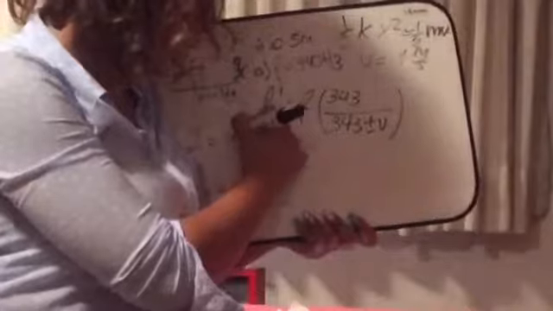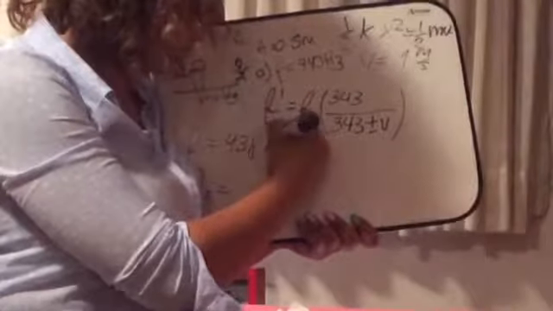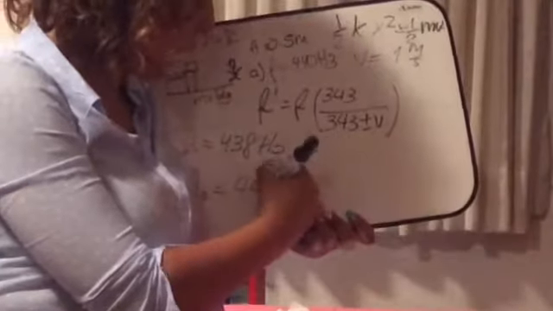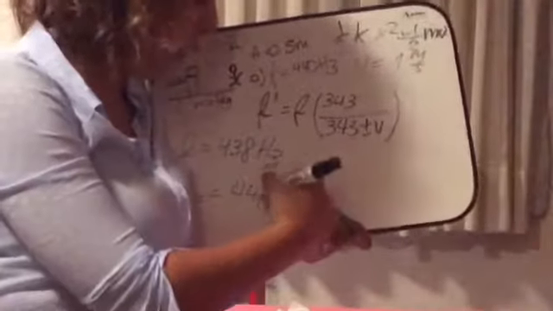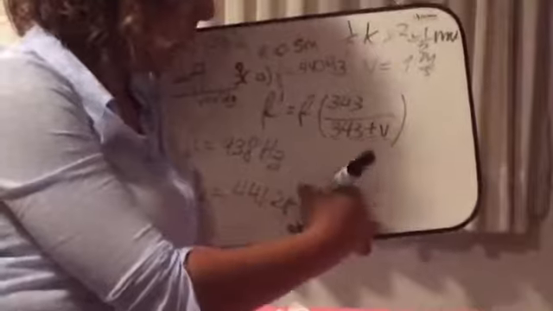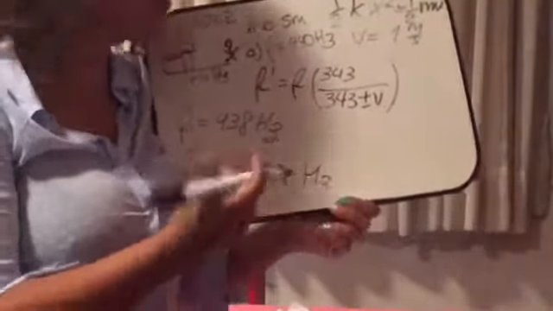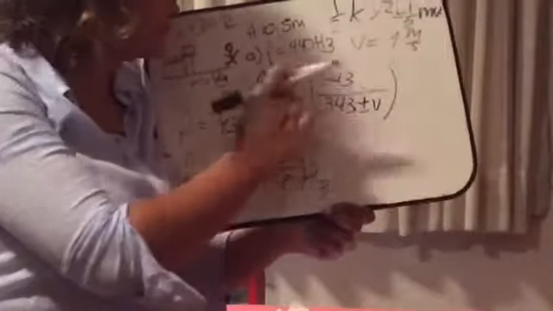Then we will find two frequencies. The first one is 438 Hz, and the second one is 441.28 Hz. So these are the minimum and the maximum frequencies heard by the person, because we just have to change the sign and we know the actual frequency, which is 440 Hz.